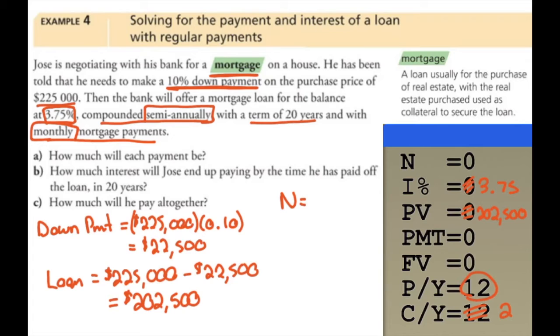So our total number of payments is our 12 per year times 20 years, meaning we have 240 payments being made. The last two things to look at in the calculator, PMT, the amount of each payment we do not know. That's what question A is asking us. FV, the final value of this mortgage, will be 0 because he will pay the entire thing off.